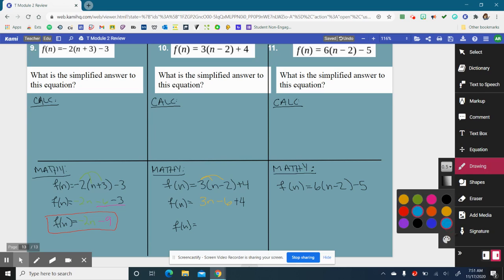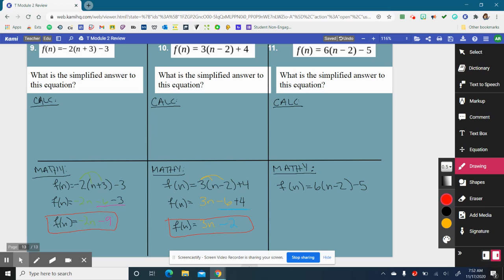Now I'm going to combine like terms. -6 and 4 are like terms. So -6 plus 4 gives me -2. The 3n didn't change. So my final answer is f of n is equal to 3n minus 2.